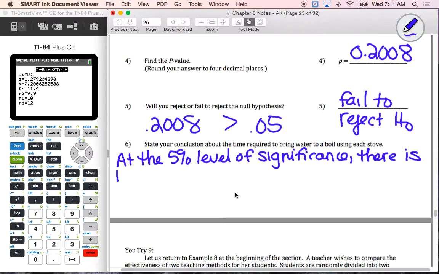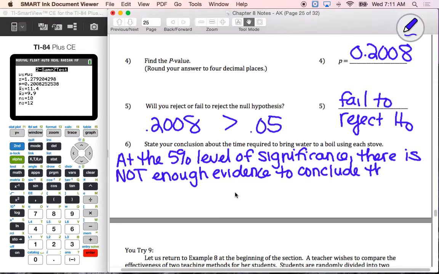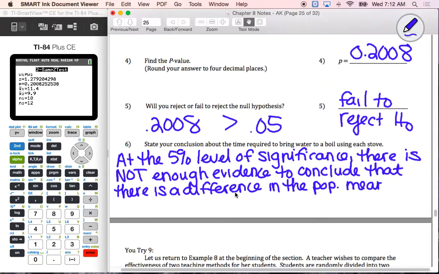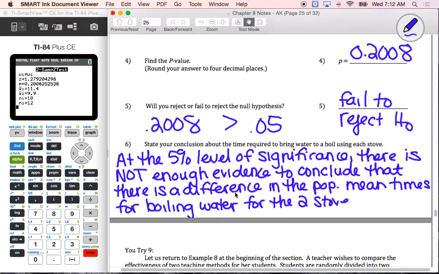There is, remember we have to add that word not, enough evidence to conclude that there is a difference in the population mean times for boiling water for the 2 stove models.